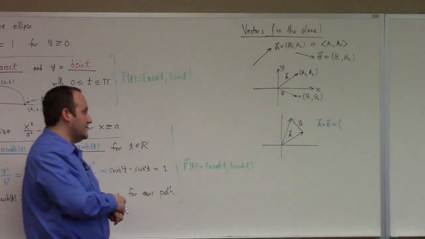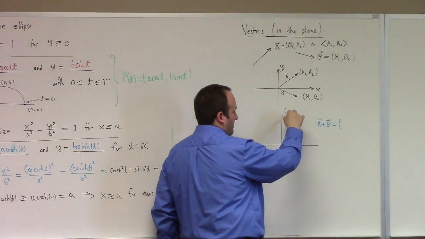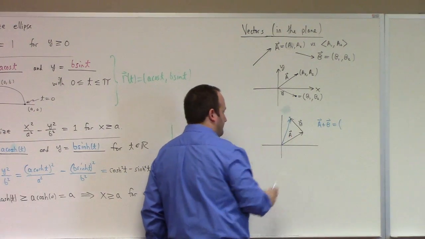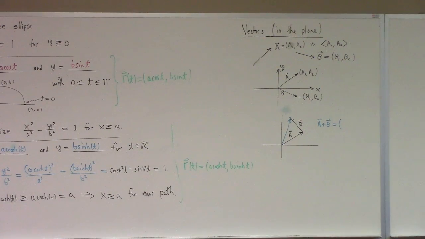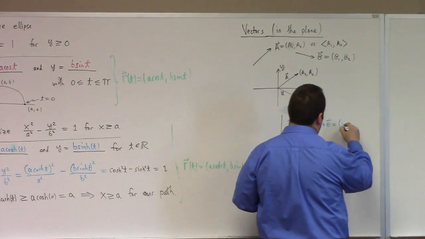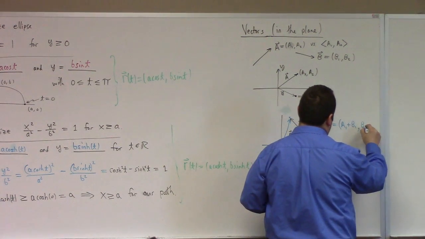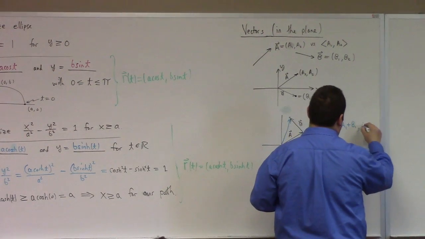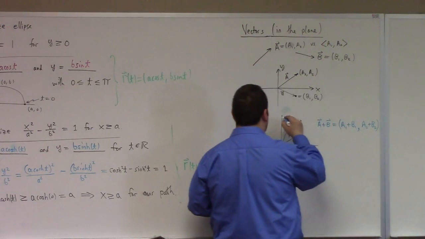What's this point up here? A1 plus B1, comma? Very good. A2 plus B2, right. So you add the y components and you add the x components separately, and that's all there is to it.